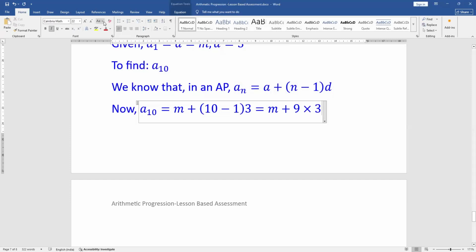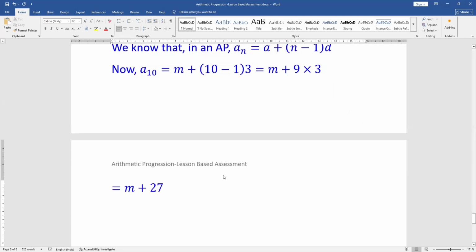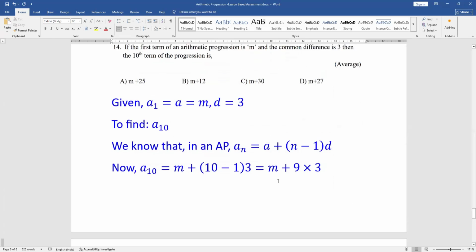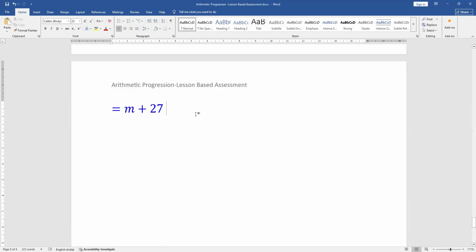It is equal to m plus 27. So m plus 27, that is your answer. Now let us see which option this answer matches. It matches option D, correct? So option D is the correct answer.